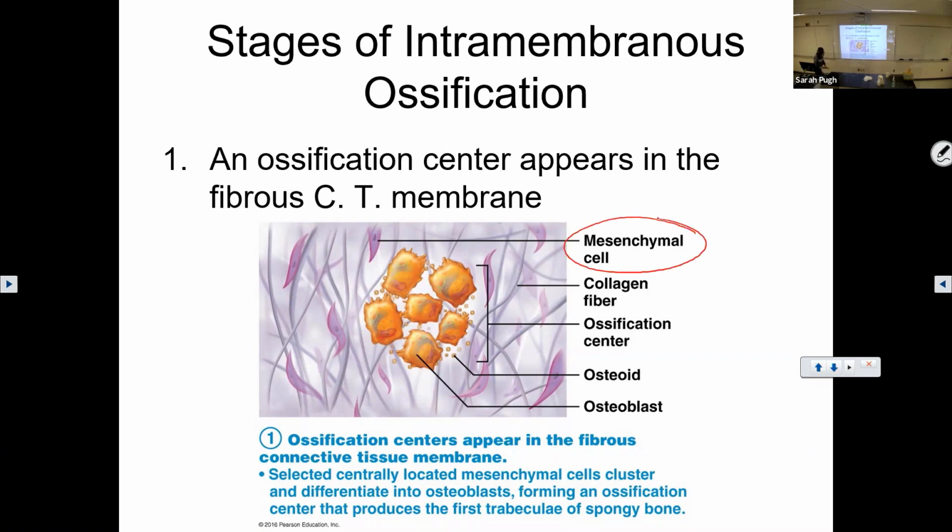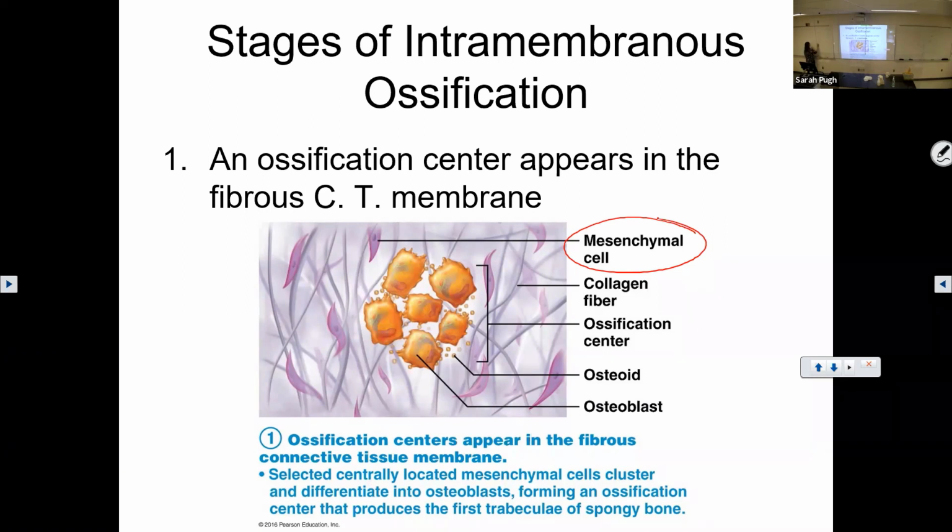So just to refresh your memory, our connective tissues are connective tissue proper, cartilage, bone, and blood, right? These are all connective tissues.